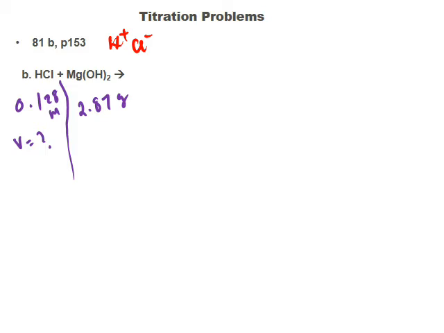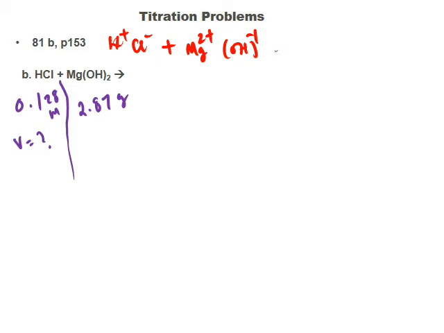Now I'm going to write down in ionic form Mg(OH)2: Mg2+ and OH-. You can always look back and double check. The 2 goes underneath OH, and the 1 from OH goes underneath Mg. So that checks out, it is Mg(OH)2.